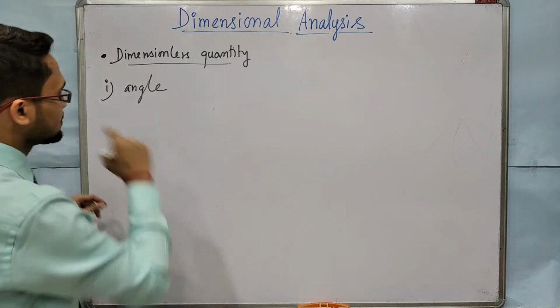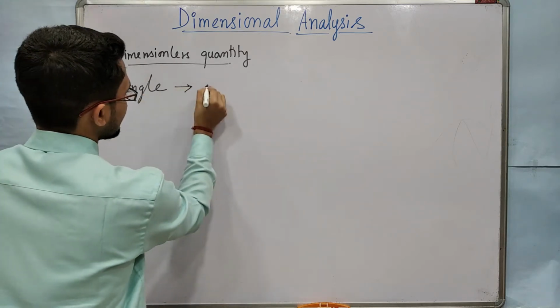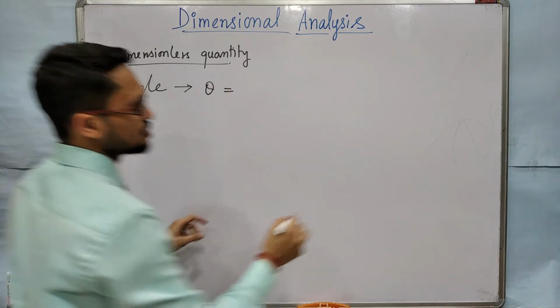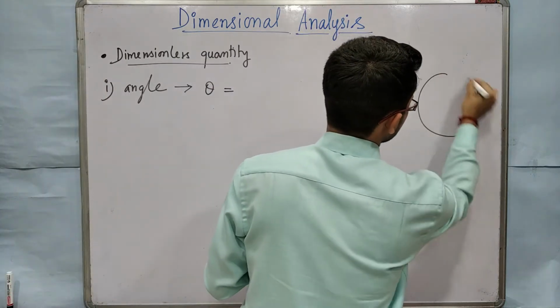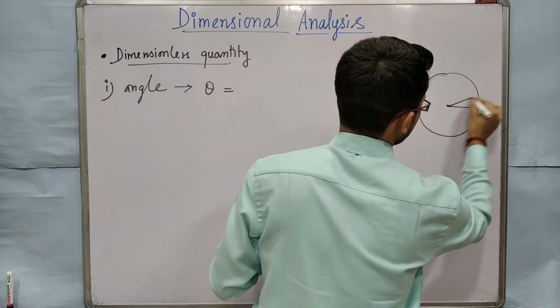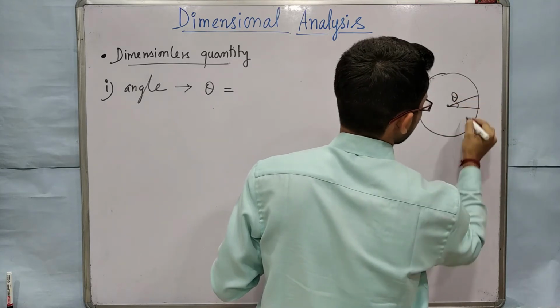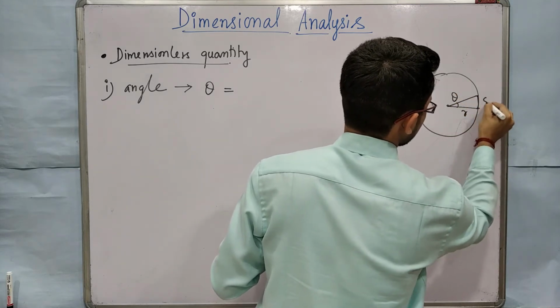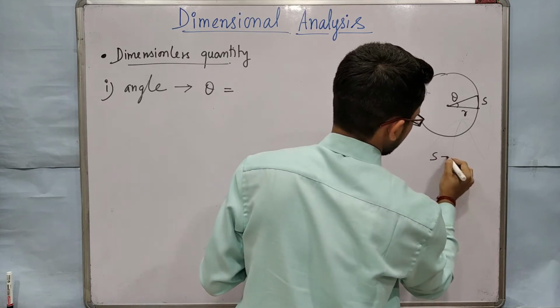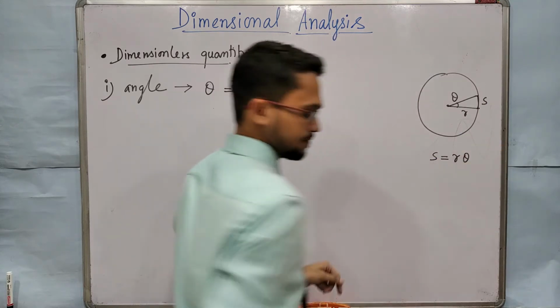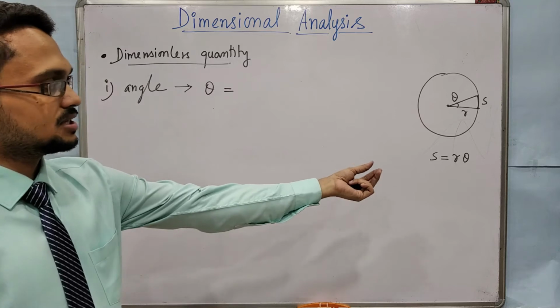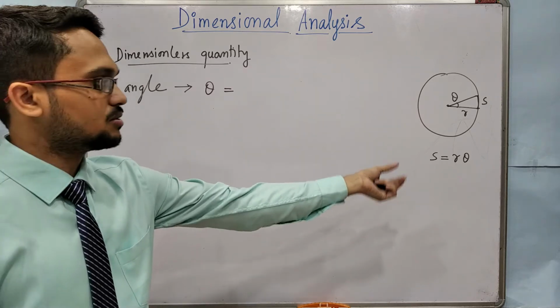Okay, angle means what? If it is a circle, this is the radius, it makes an angle theta, and this is the radius, this is the arc length s. Then we can write s equals r into theta.